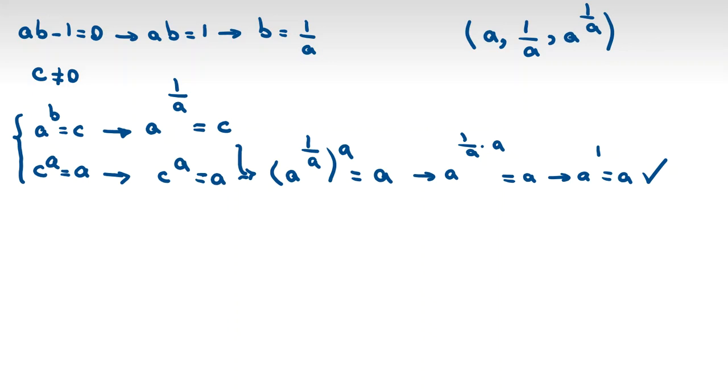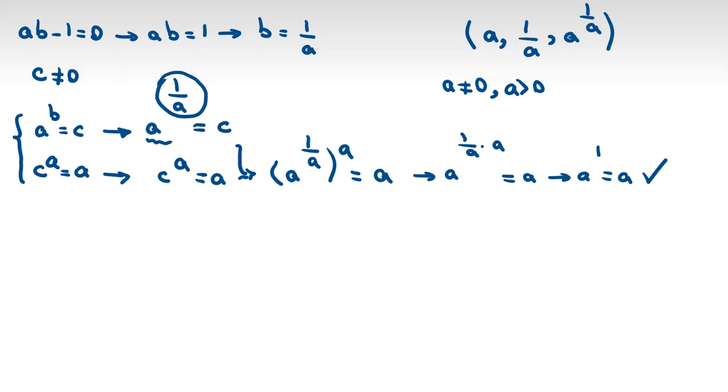But we should analyze the domain. Because a is in the base, if it is negative, let me tell you. For a positive real number, 0 is not possible. A is not 0, the first thing. For a positive, it is okay. But if you have negative numbers here, these should be integers because we should know the sign.